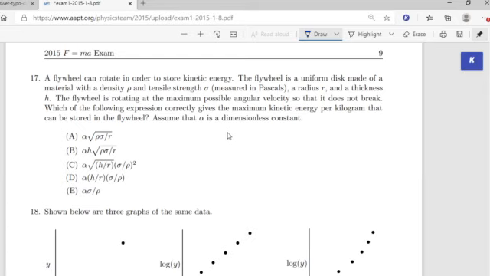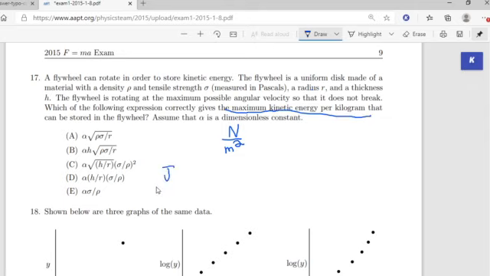So a pascal is just a newton over meter squared, and radius r, thickness h. Maximum kinetic energy per kilogram that can be stored in the flywheel. So we want our ending units to be in joules per kilogram.